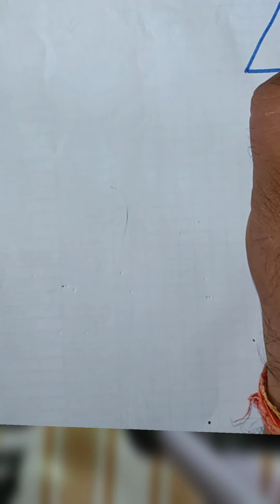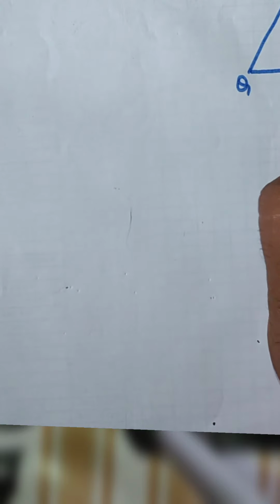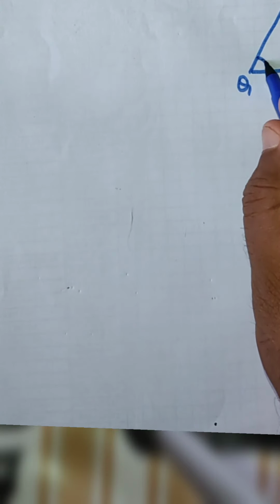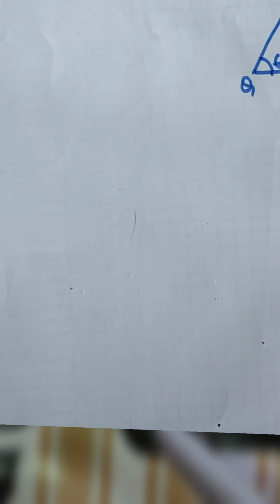Before going on the construction, we will draw a rough figure of triangle PQR. This is the rough figure of triangle PQR in which QR is 6 centimeter, angle Q is 60 degree, and difference of the sides PR minus PQ equal to 2 centimeter.